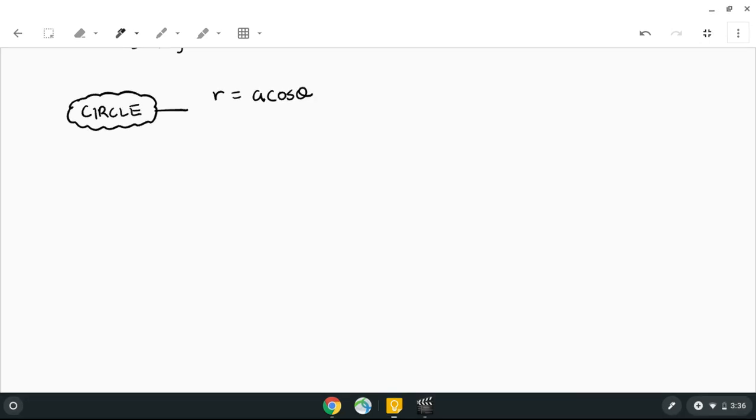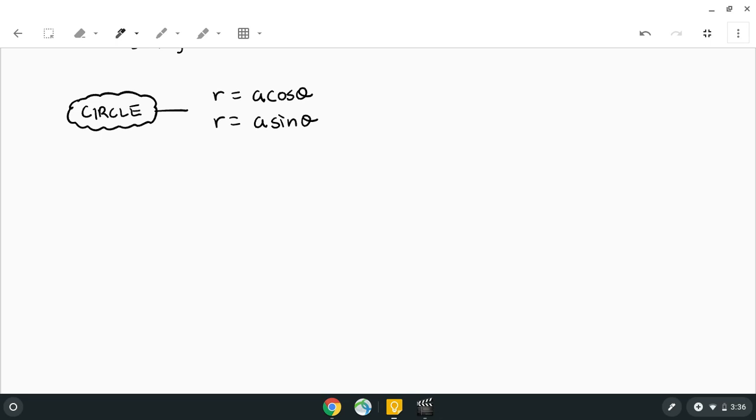Okay, so the circle. The circle has two equations. It could be written like this: r equals a cosine theta, or it could be written in terms of sine.